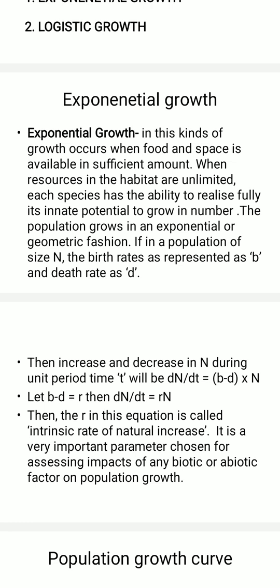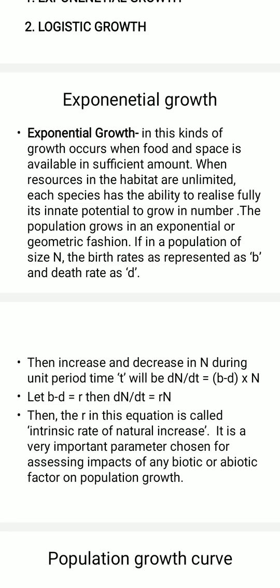N represents population density with respect to time t. dN/dt refers to a small change, that means increase in the population, either very less or more. That change is represented as dN/dt, the number of individuals increasing with respect to time, which is equal to (b minus d) times N, where b is birth rate and d is death rate as mentioned above.